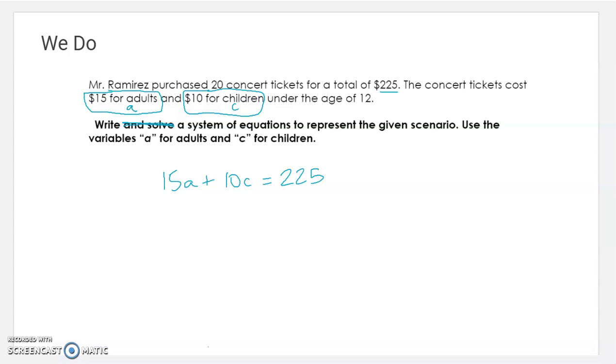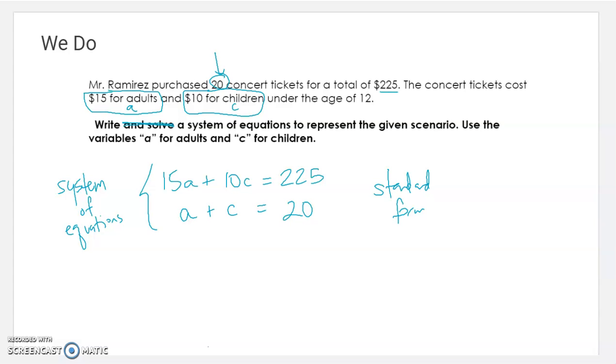The other piece, remember I've got this. A is how many adult tickets, C is how many child tickets. The other clue I have is this, 20 tickets total. So however many adult tickets and however many child tickets were purchased, together that's 20 tickets. Voila, system of equations. And it's in standard form.